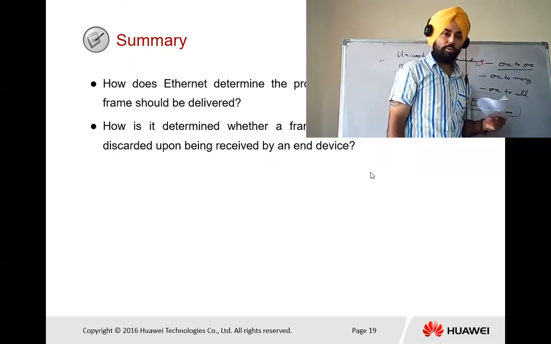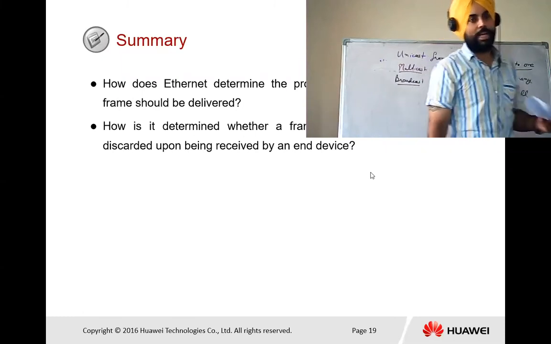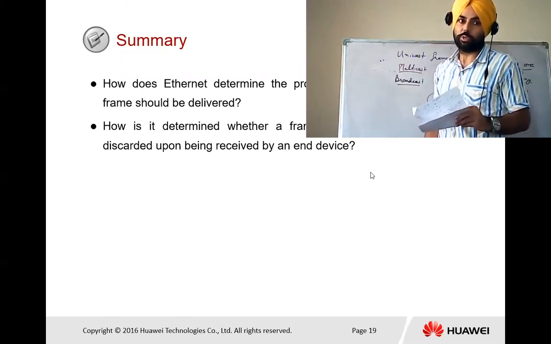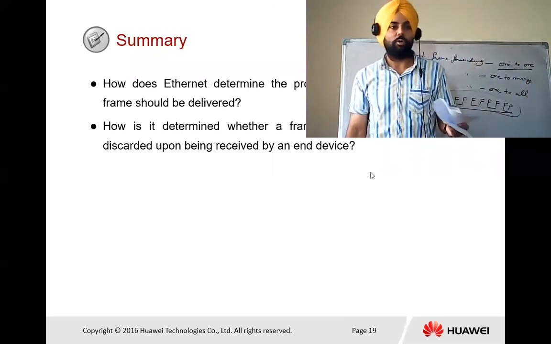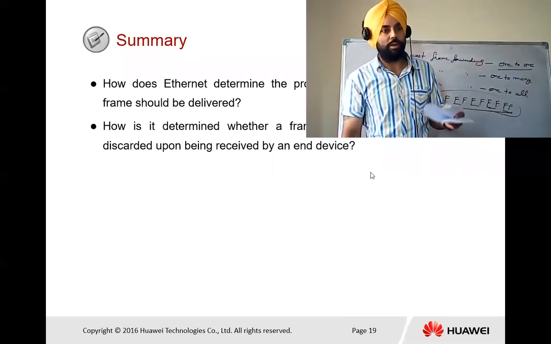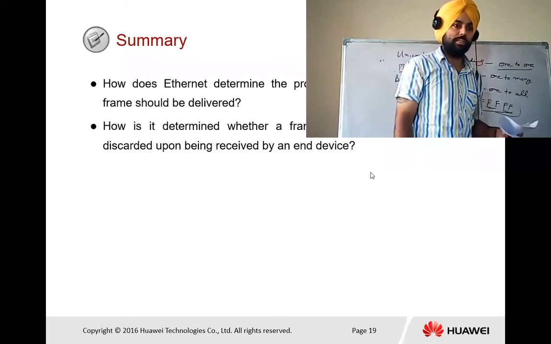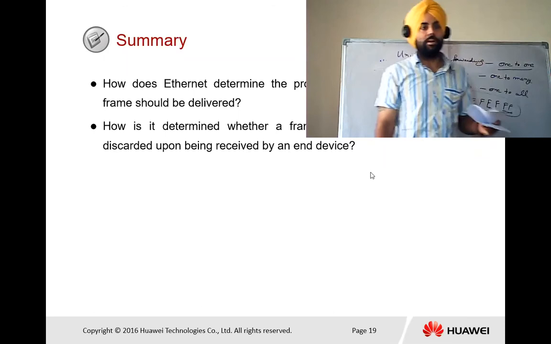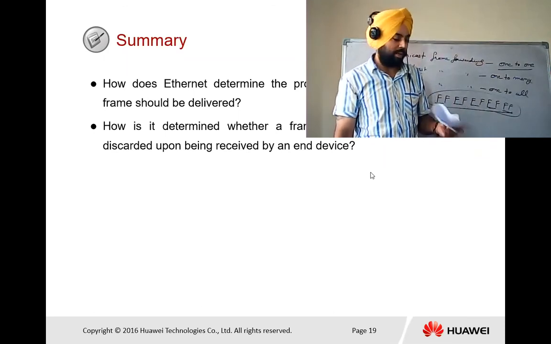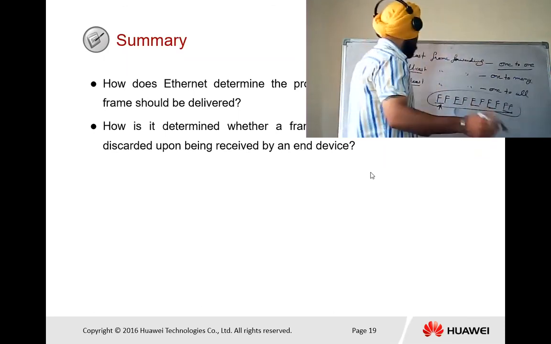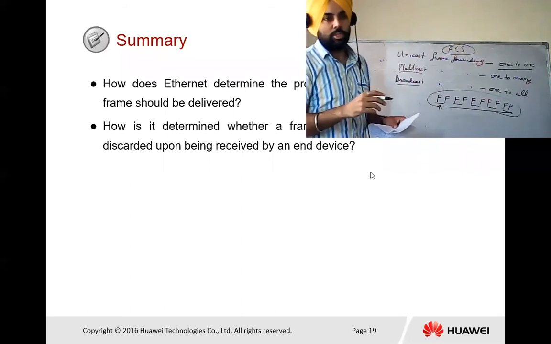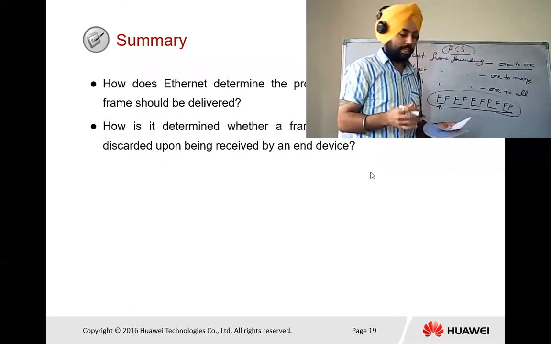The correct answer for the first question is the type field. Second: how is it determined whether a frame should be processed or discarded upon being received by an end device? The correct answer for this is the FCS.